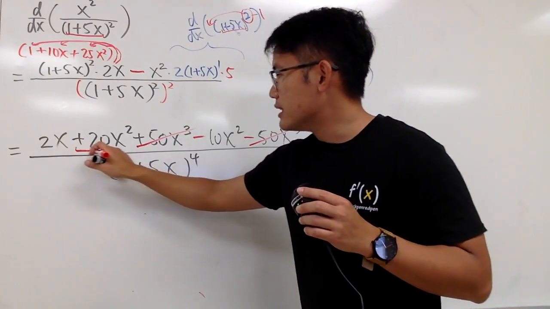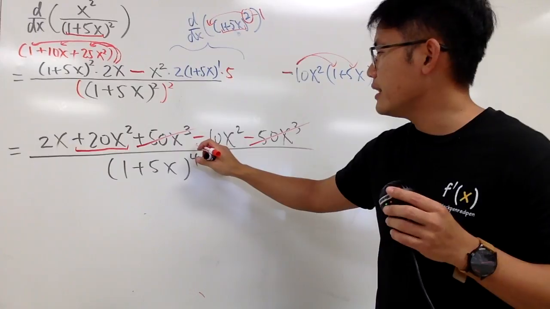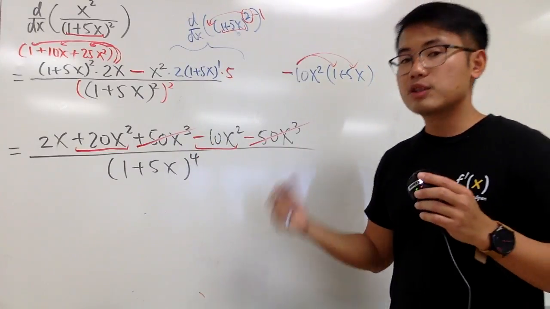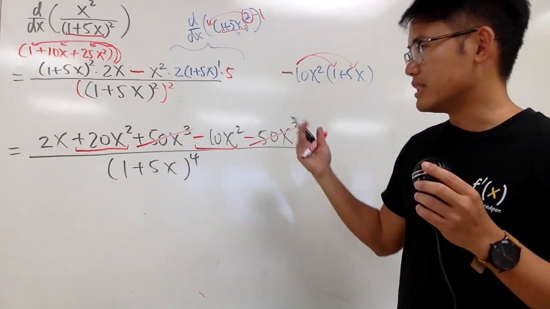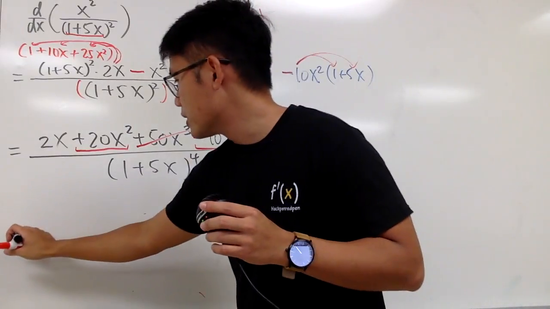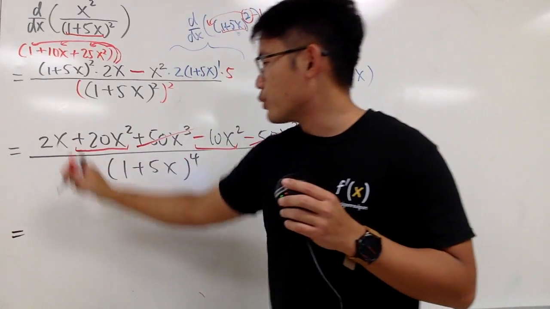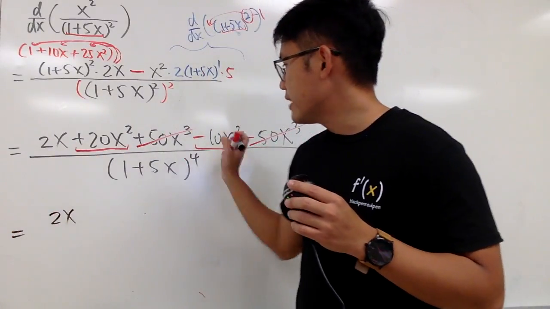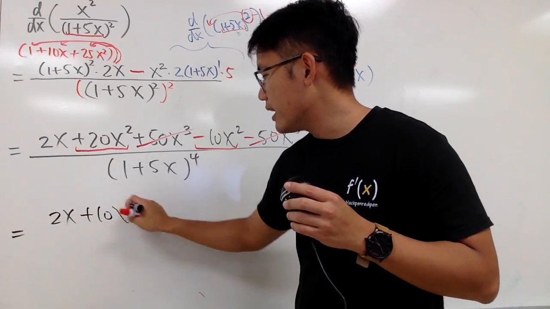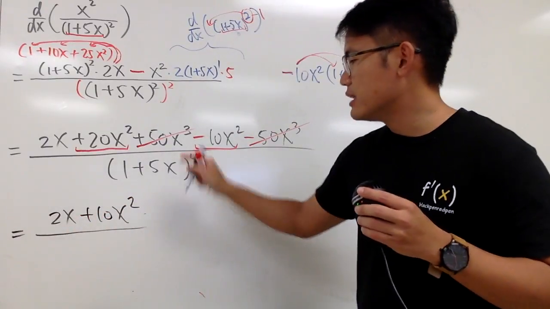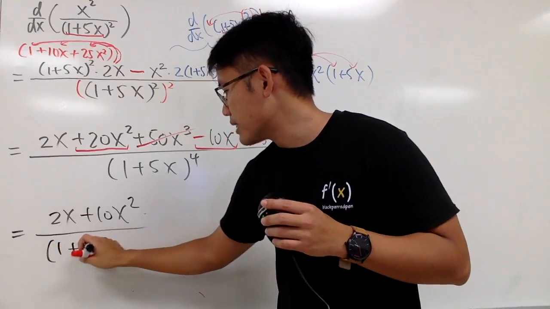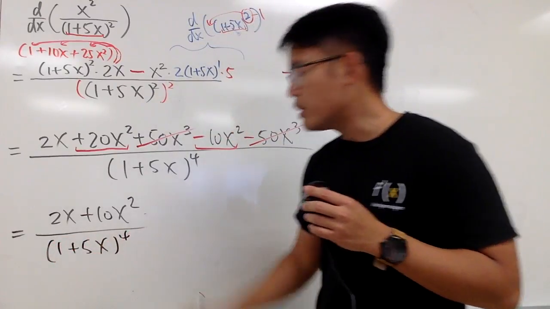Well, this is positive 20x squared, and then we minus 10x squared. So we have positive 10x squared, right? So let me just write this down. I will write down the 2x first, and then this and that is plus 10x squared over this for the denominator, 1 plus 5x to the fourth power.